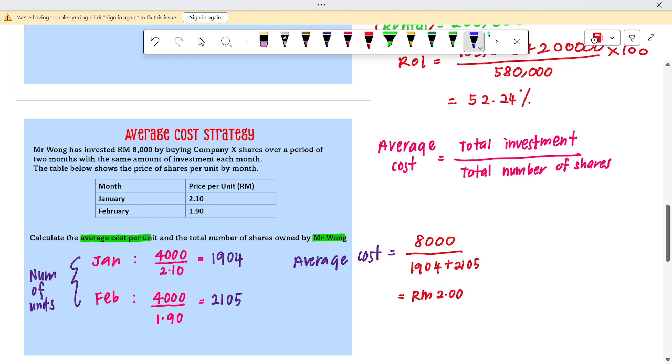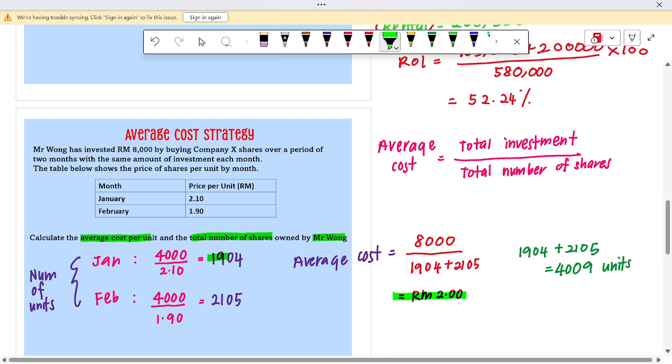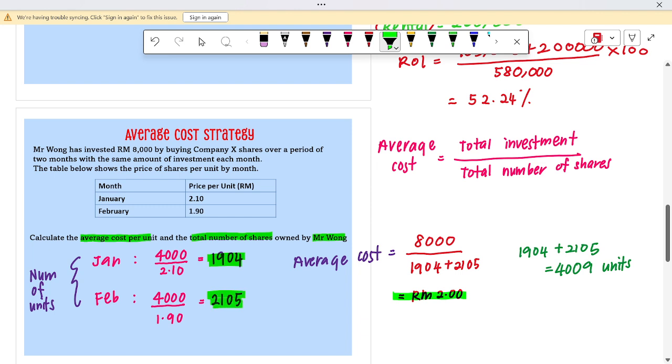So the average cost spent by Mr. Wong to buy the shares is 2 ringgit. And what's the total number of shares owned? Total number of shares will be 1904 plus 2105, which will give you 4,009 units. I repeat, when you are calculating your number of units, number of shares, please do not round off your answers as it's number of units. Okay, so this is average cost strategy.